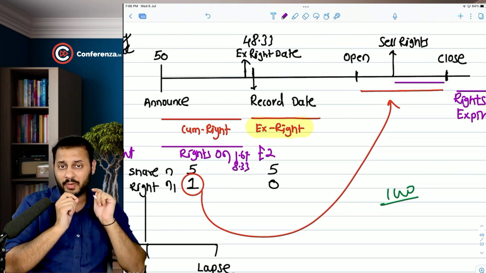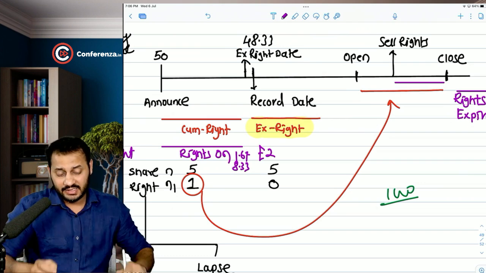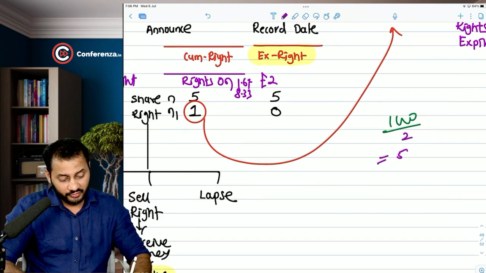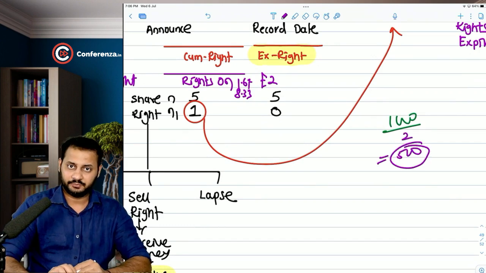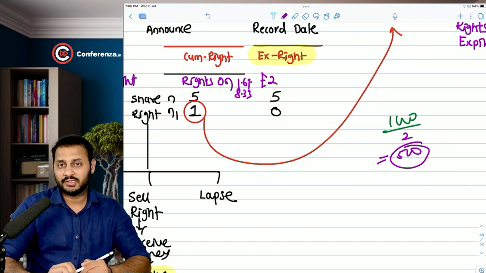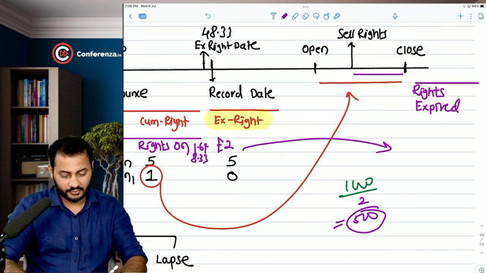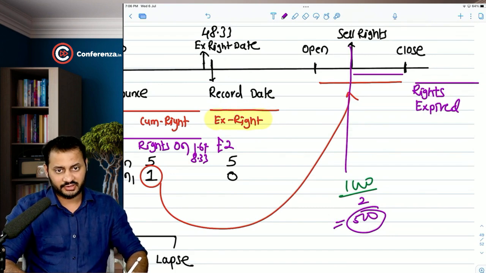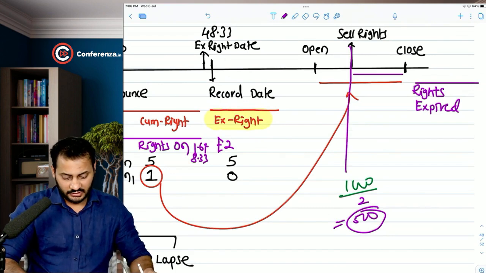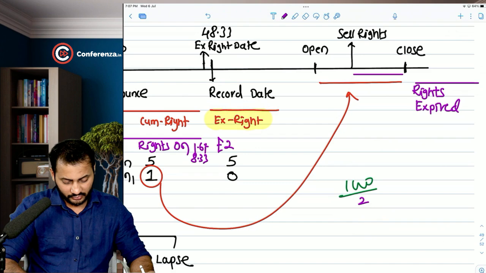If he wants to buy the rights, he can buy almost 500 rights on that date. But he will have to sell all those rights before the selling date. I will just remove all this because I don't want to mess up the concept.